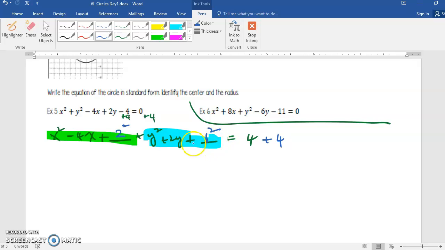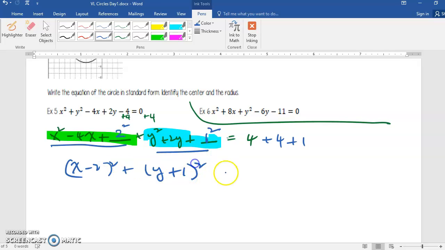So 1 squared again. So 1 is what we actually added. So add 1 on the other side. So just this part will give you x minus 2 squared, and just this part will give you y plus 1 squared. And we have 9 on the other side.